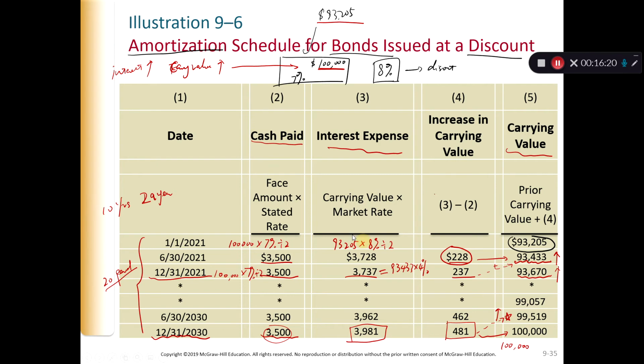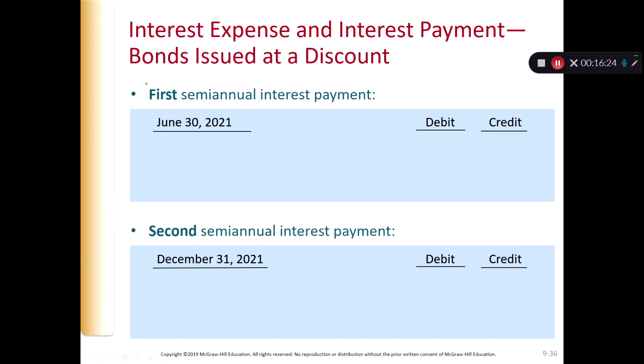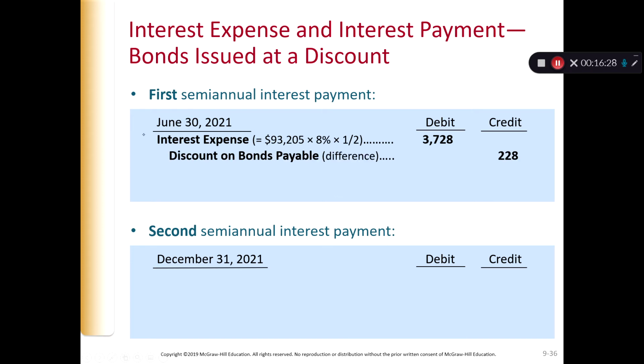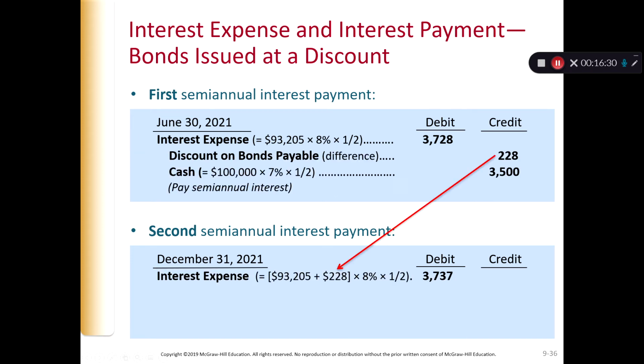Okay. So let's look at the journal entries. How do we record this kind of journal entry? First of all, we debit interest expense, which is the carrying value multiplied by the market rate divided by 2, and we credit the cash payment.